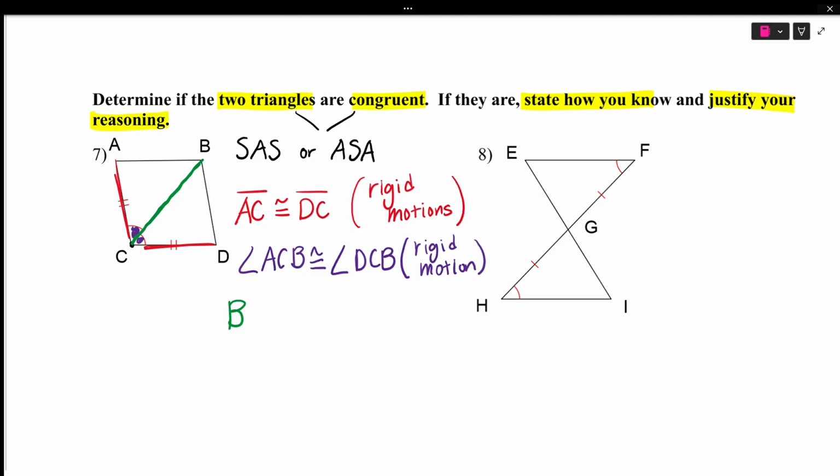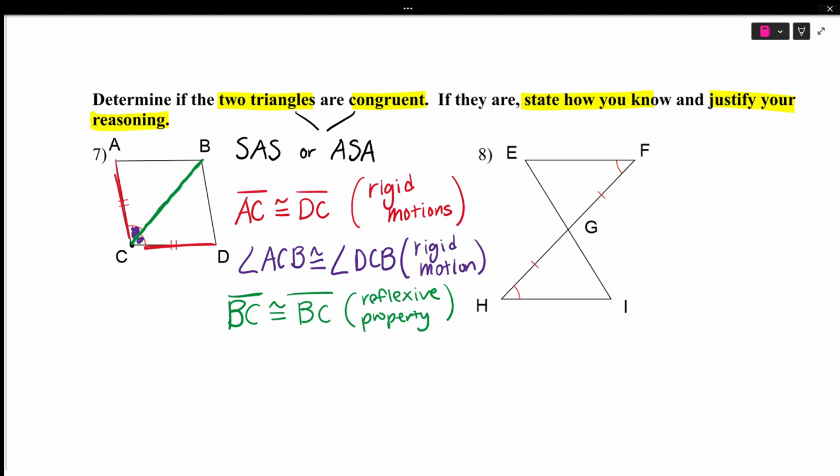If both of the triangles are using it, it's the same side, so it's congruent to itself. If you did your IXL already, you probably saw this in your IXL homework assignment. That's called the reflexive property. It's a reflection onto itself. So that's where the name comes from.